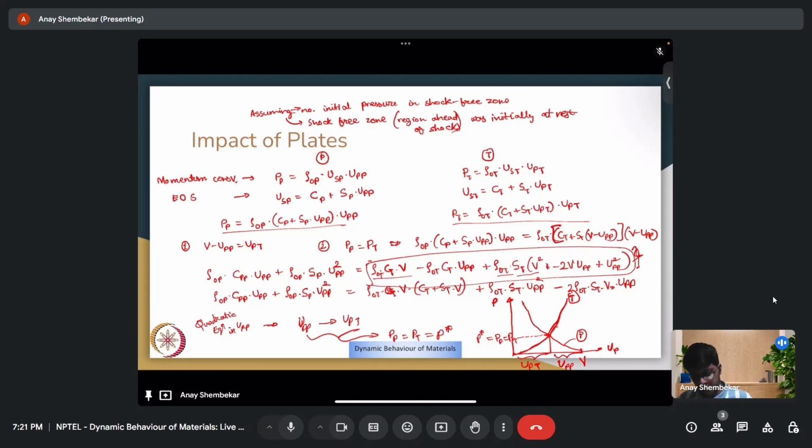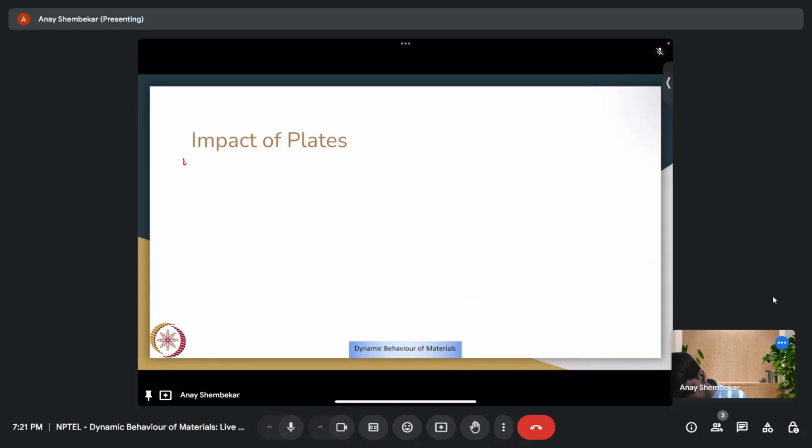If we look at an example of the same, suppose you have a copper plate impacting with a velocity of, say, 500 meter per second on an iron plate. My target is iron, and copper is my projectile. So I have V equal to 500 meter per second.